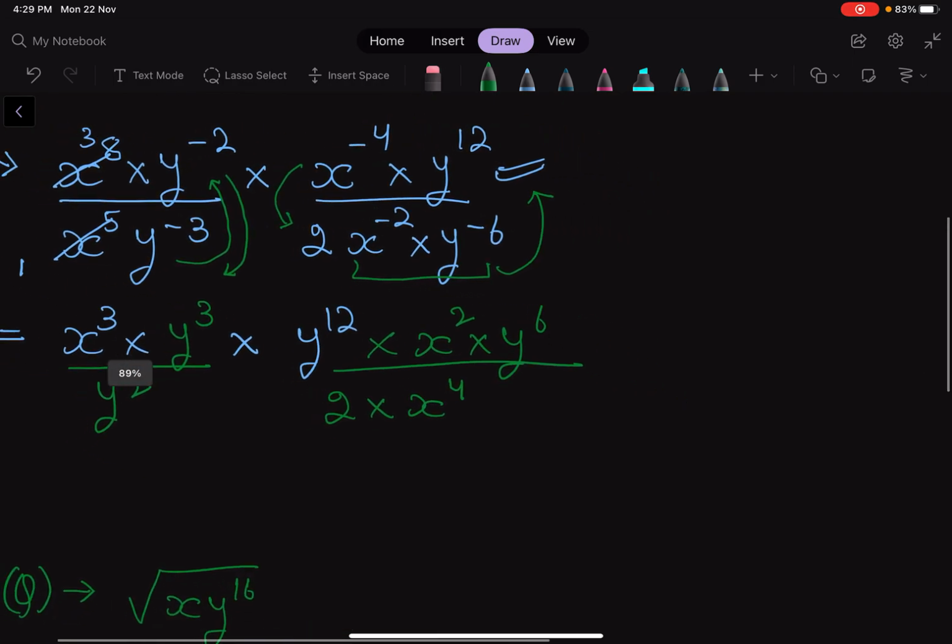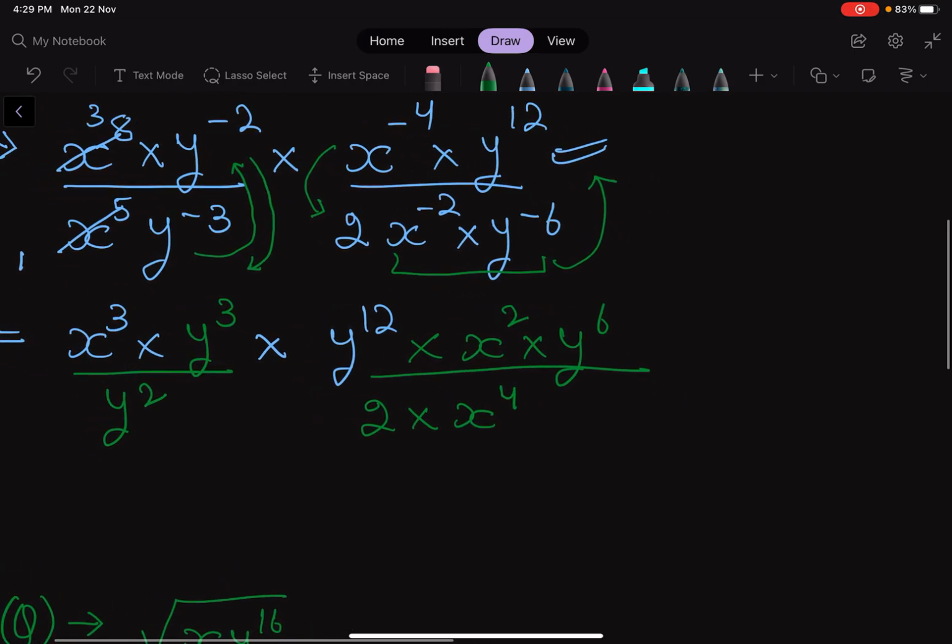Now it becomes pretty easy, you can just solve it. This y power 2 cancels this 3, remains 1, 3 minus 2. And let's see what else we can cancel. This x power 3 cancels this, 4 minus 3 is 1, and this 2 cancels this, 2 minus 1 is again 1.